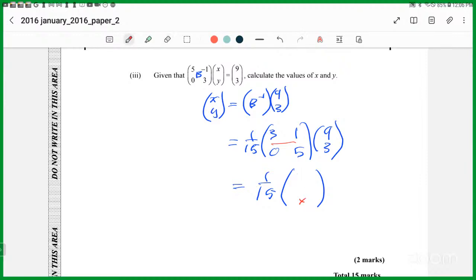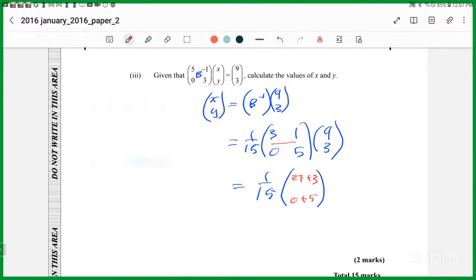So it's 3 times 9 and 1 times 3. 3 times 9 is 27, 1 times 3 is 3. The second value down here is this row times the column. So 0 times 9 is 0, and 5 times 3 is 15.